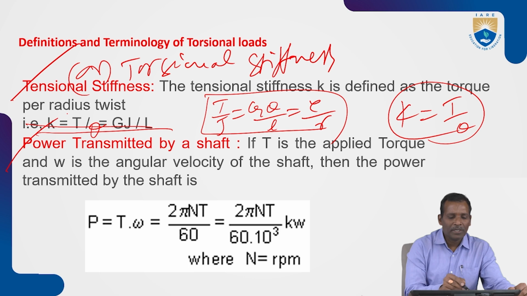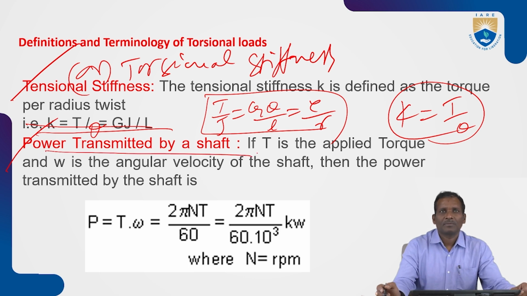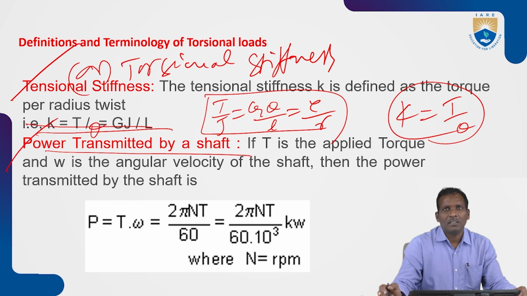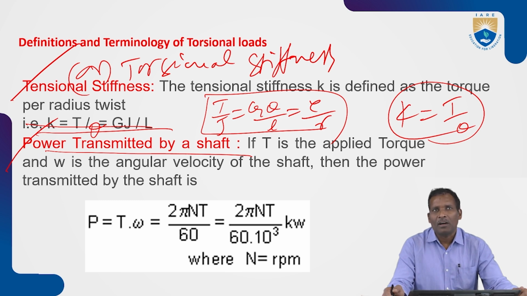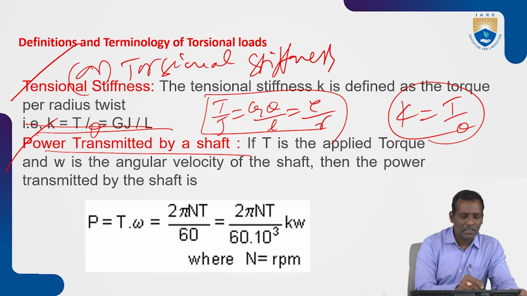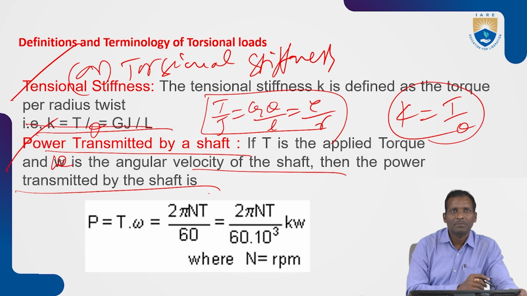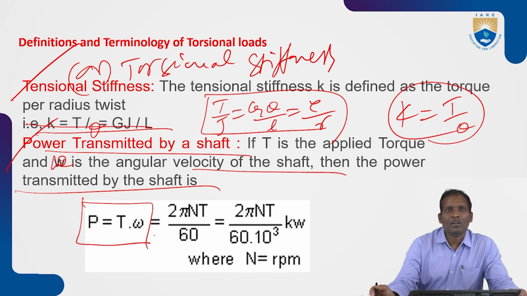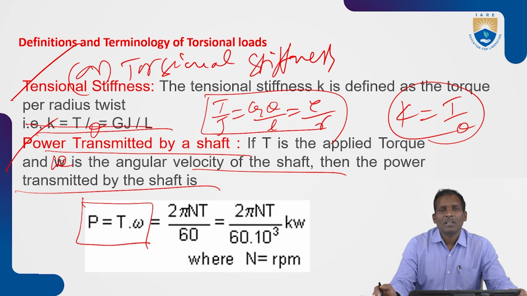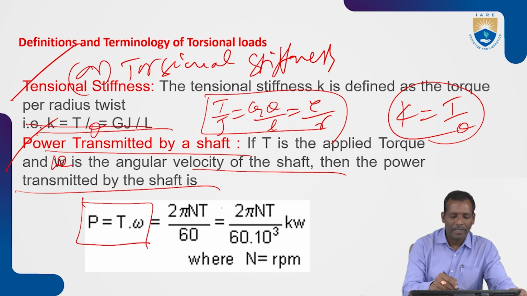Next, power transmitted by a shaft. If T is the applied torque and omega is the angular velocity of the shaft, then the power transmitted by the shaft is P is equal to torque multiplied by angular velocity omega, that is 2 pi N T by 60.